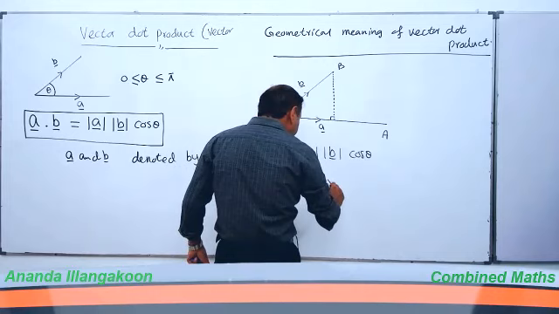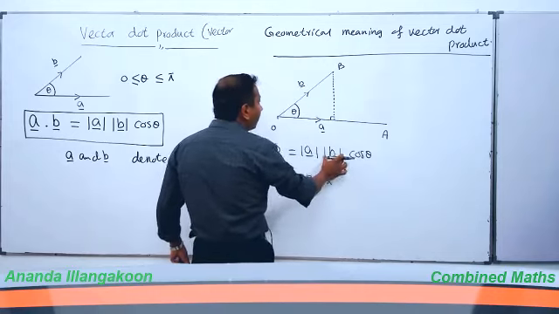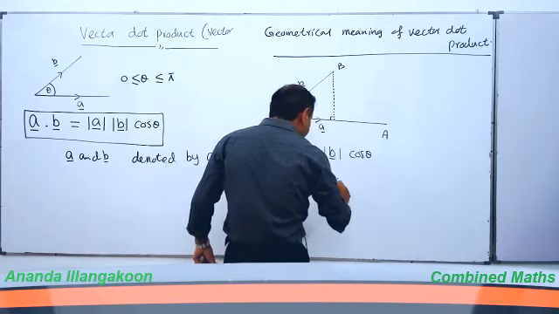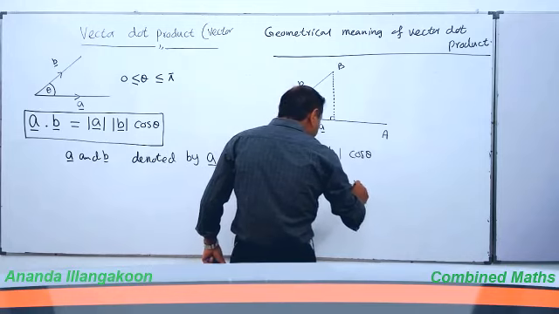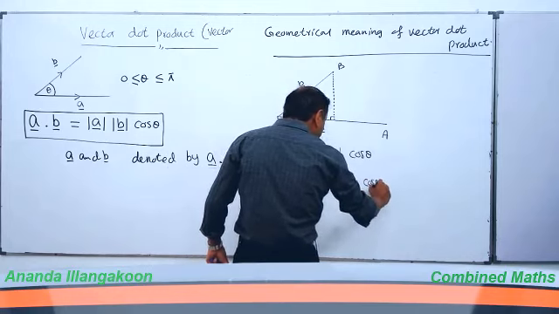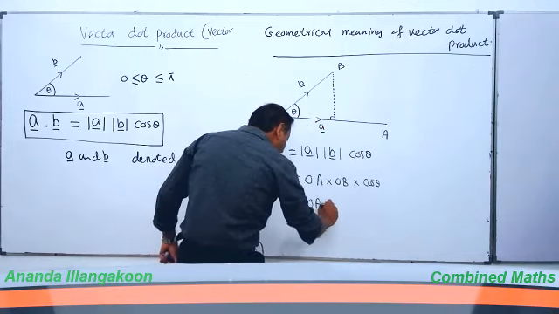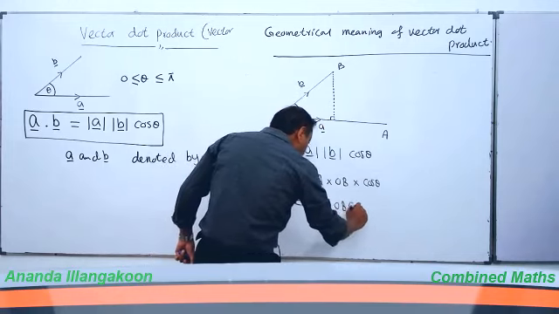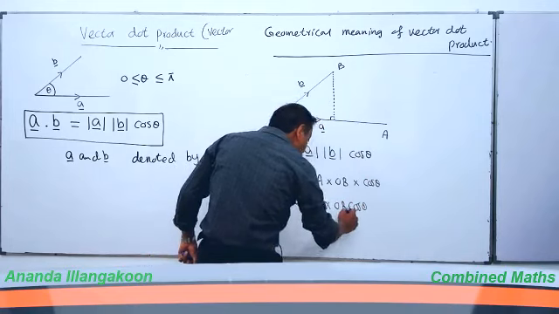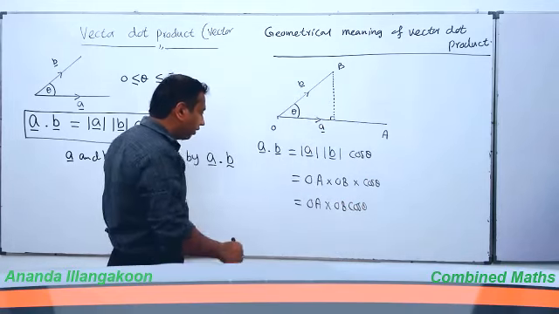Multiplied by modulus of B, OB length, multiplied by cos theta. Then this is nothing but OA multiplied by OB cos theta. This is the A dot B meaning.